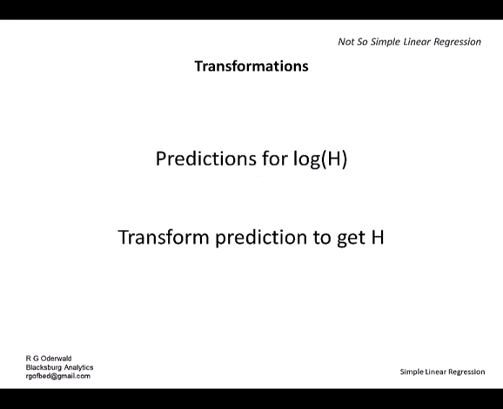This transformation works very well, but as with any transformation of y, the prediction is for the transformed y, such as the log of height, and not for the actual height. The prediction for log of height must be retransformed to get an actual height. Also, any regression properties apply only to the transformed variables.